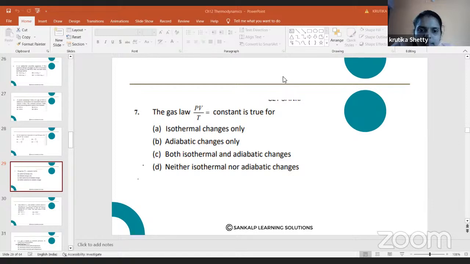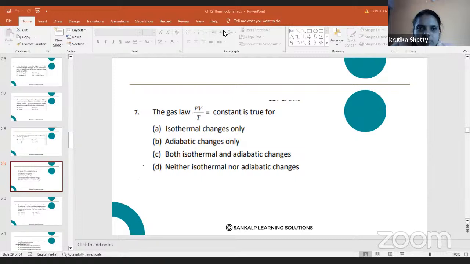So PV by T is equal to constant. This is for A, B, C or D? It is C. Yes, very good. It is option C.